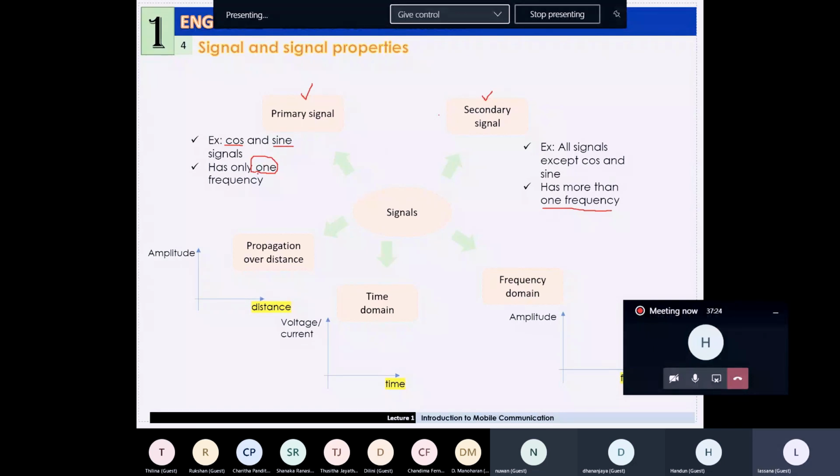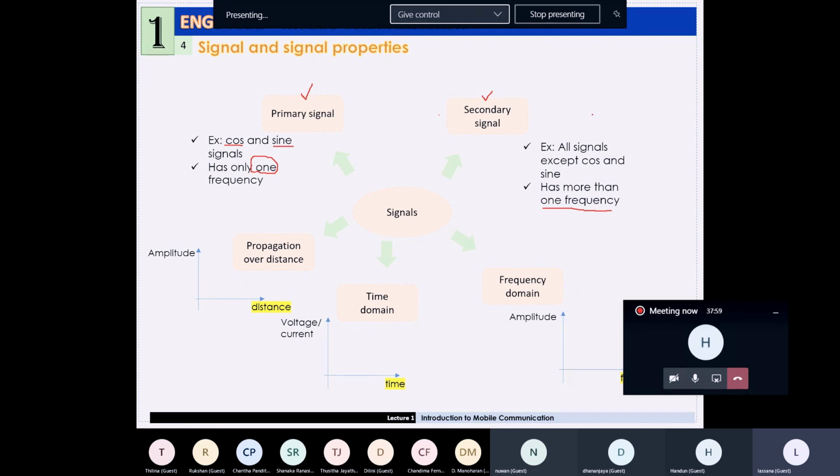Don't worry, probably you may not see the relationship of signal and frequency at this stage, but maybe during the coming slides we may try to understand it. Therefore, at this stage, for understanding from syllabus point of view, we need to divide our signals into two categories. One primary signal, the other one is secondary signal. Right?